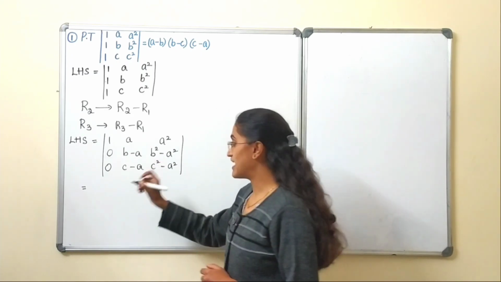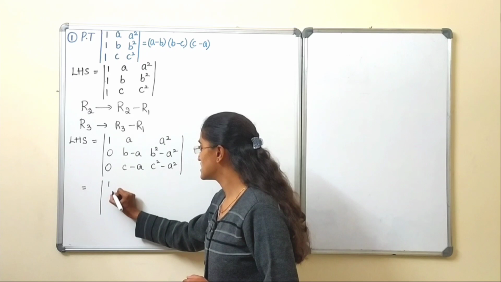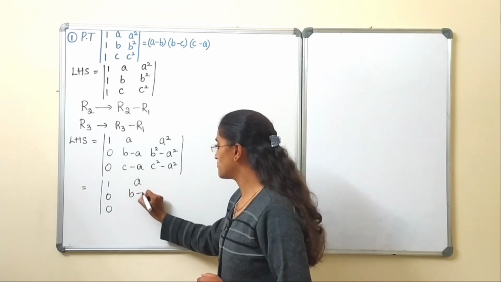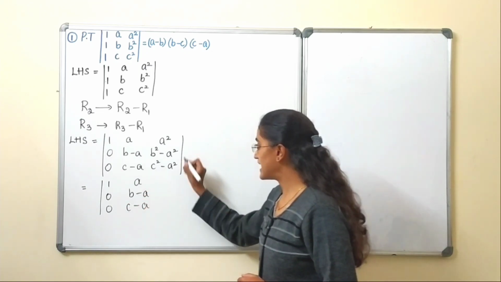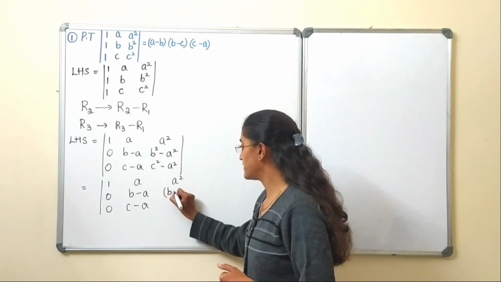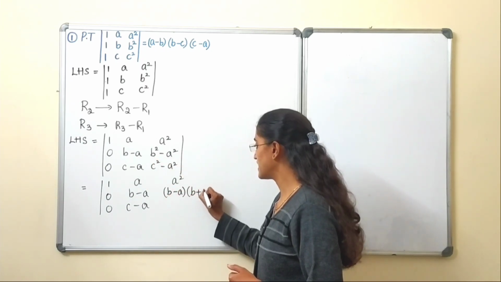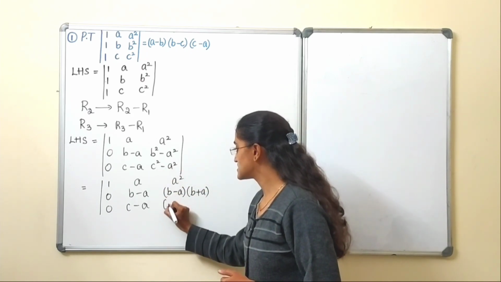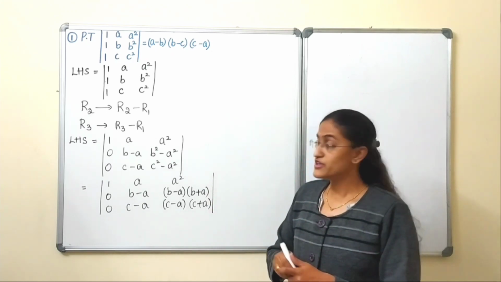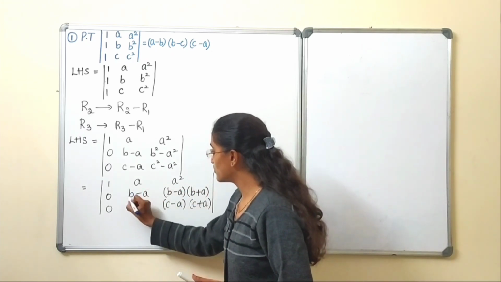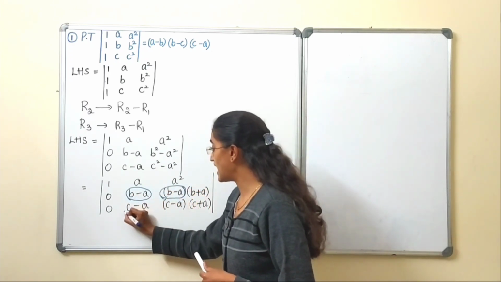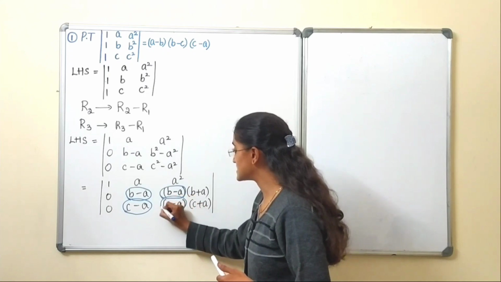Now again simplifying this given determinant, the first column remains the same, the second column also remains as it is. In the third column we can now write b square minus a square as b minus a into b plus a, and in the third element, c minus a into c plus a. Now, you can find that in R2 you can take out b minus a common, and simultaneously in R3 you can take out c minus a common.